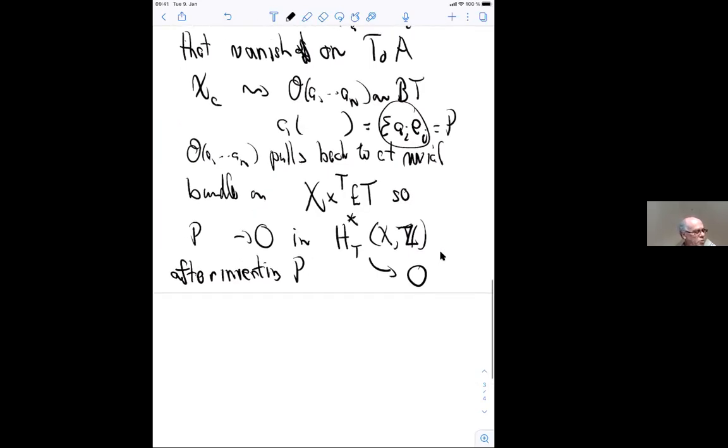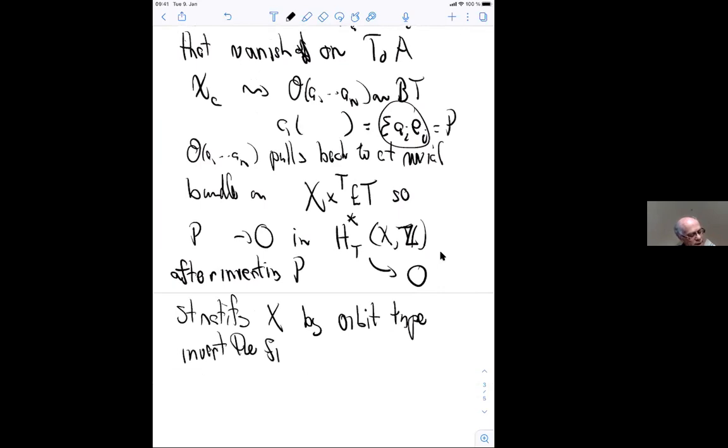Okay, and now what you do is you essentially stratify X by orbit type. This is finitely many, and you invert the finitely many P's you need from this construction.